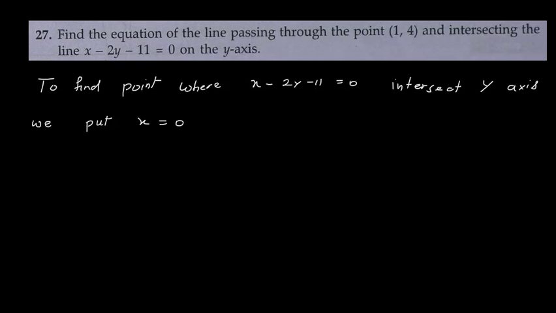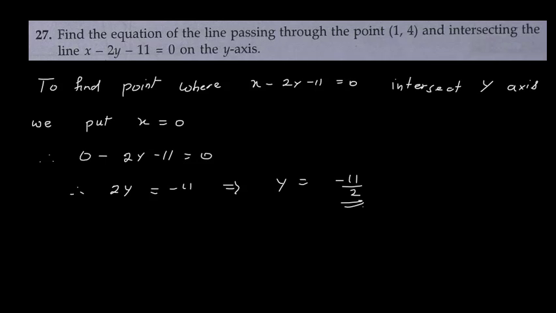To understand where it cuts the y-axis, we put x is equal to 0. So therefore here we have 0 minus 2y minus 11 is equal to 0. So this gives us 2y equal to minus 11, and this gives us y equal to minus 11 divided by 2. So y is equal to minus 11 divided by 2 is the point where the line cuts the y-axis.